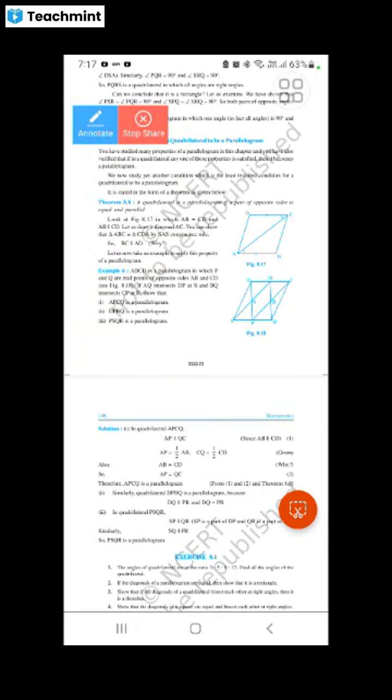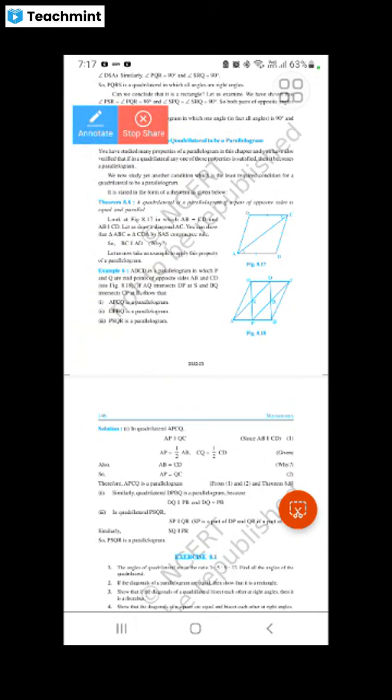So in this case, so many quadrilaterals are formed, and we have to prove that all those quadrilaterals are parallelograms. Simply, APCQ is a parallelogram.